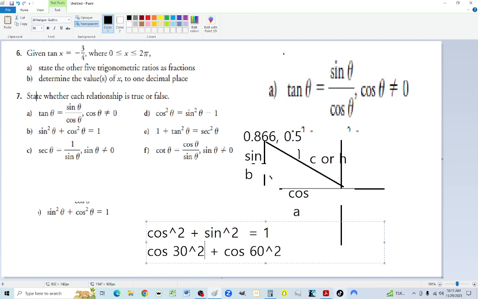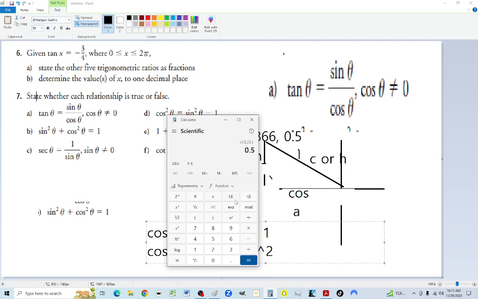And if you're in doubt, you can always put it in a calculator. So we're going to do sine 30 first, but we're going to show that cos 60 works too. So grab your calculator, and we'll just keep it in degrees for now. And cos 30 squared, so times itself, plus, open brackets, sine 30 squared, close brackets, should equal 1.